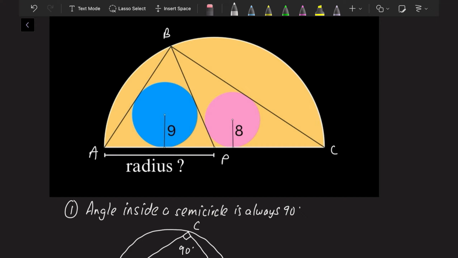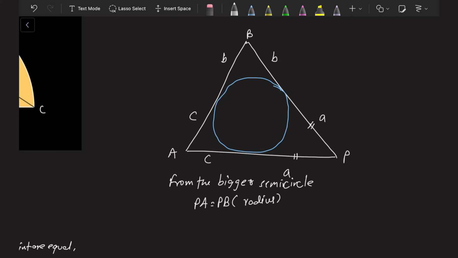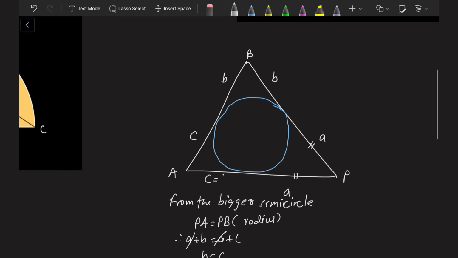So in this diagram also, from the perspective of the bigger semicircle, PA is equal to PB, radius of the same circle. Now look carefully, if PA is equal to PB, we have that A plus B is equal to A plus C. Cancelling out the A gives us the result that B is equal to C. Hence this C would simply be B. So we'll not use the C variable from now onwards, we'll continue with B.